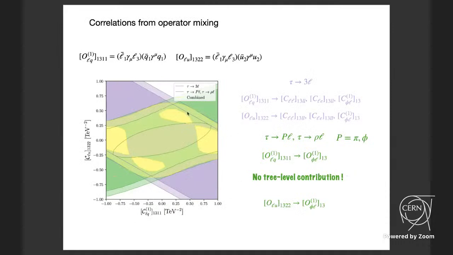Similarly, you can have correlations between LQ3. Here we consider lepton flavor violating operators 1311 and 1322. Again, through operator mixing, these can contribute to purely leptonic decays and also hadronic decays of taus. One interesting thing is that this LQ1 operator looks like it can contribute at tree level to, for example, tau to pi e.